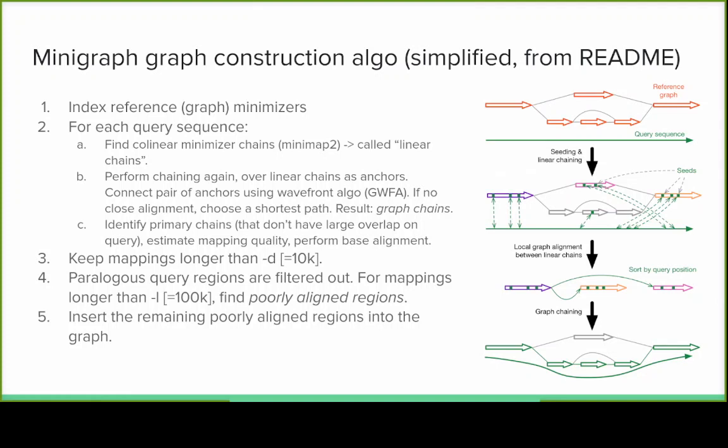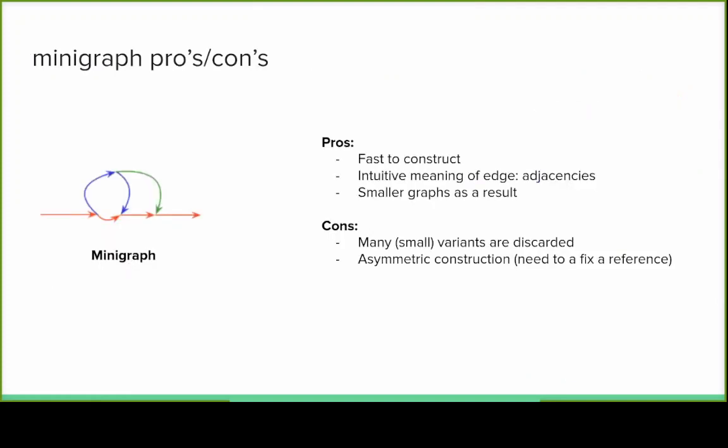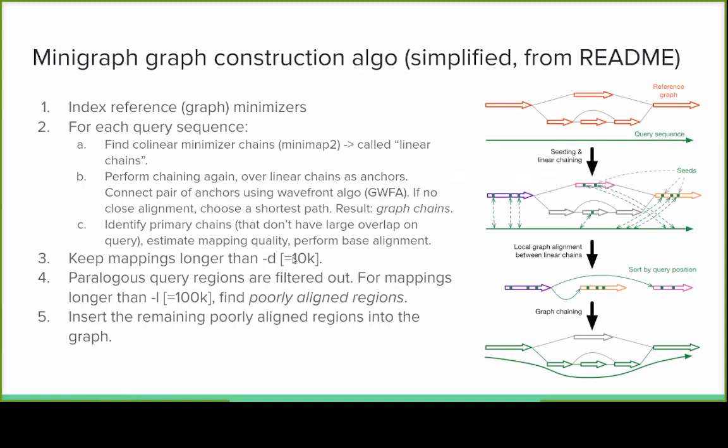Right. So from this limited understanding, I could just say that minigraph is fast to construct. Again, the edges are just adjacencies, and you will see that the graphs are smaller as a result. Smaller because there's really a lot of length filtering being performed in the alignment, at this stage and at this stage as well.